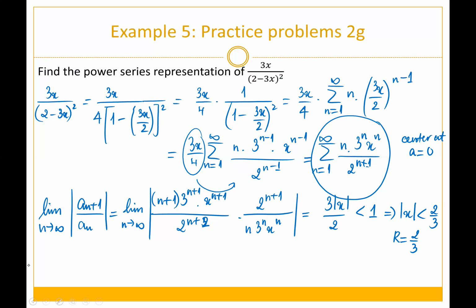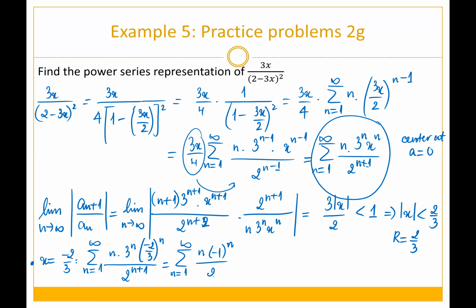So you can check if x equals -2/3. The series becomes n times 3 to the n times (-2/3) to the n over 2 to the n plus 1, which can be simplified as n times (-1) to the n over 2, because the 2 to the n is cancelled out with the 2 to the n in the denominator, so you have 2 left.